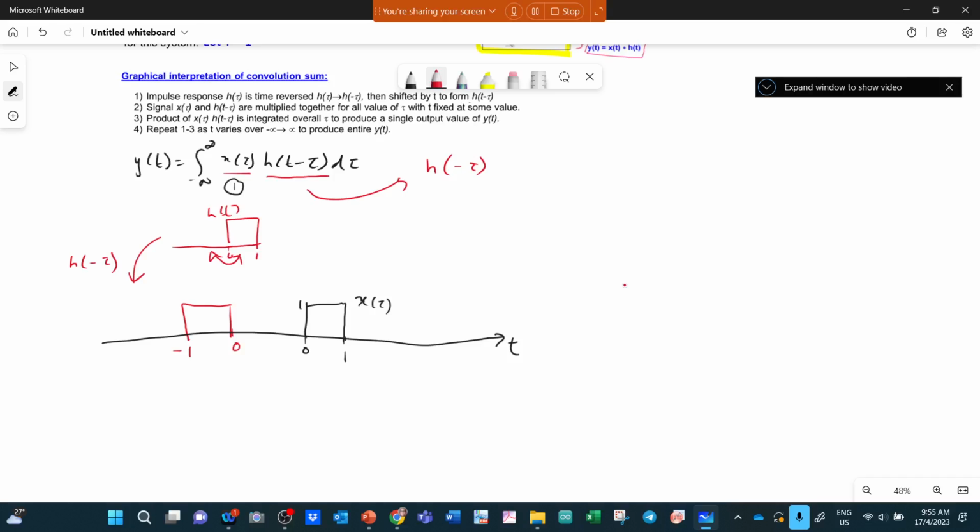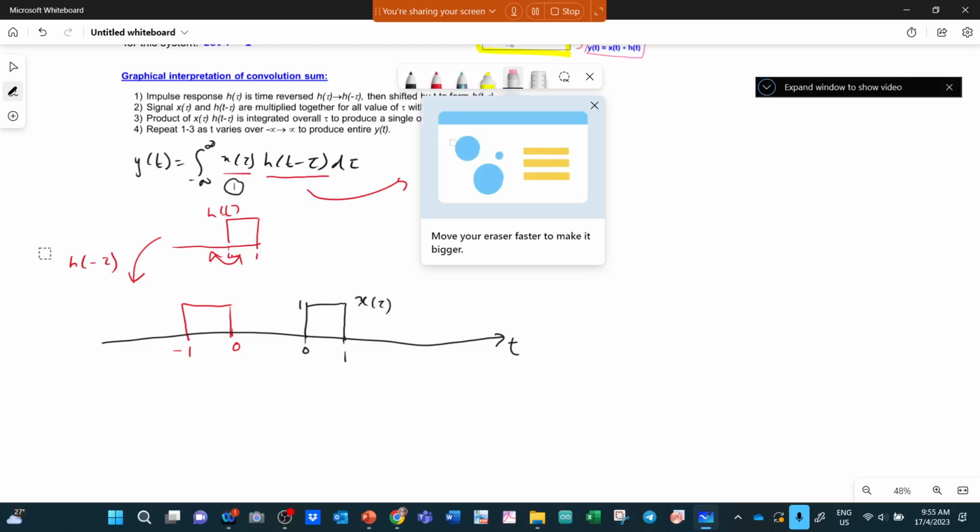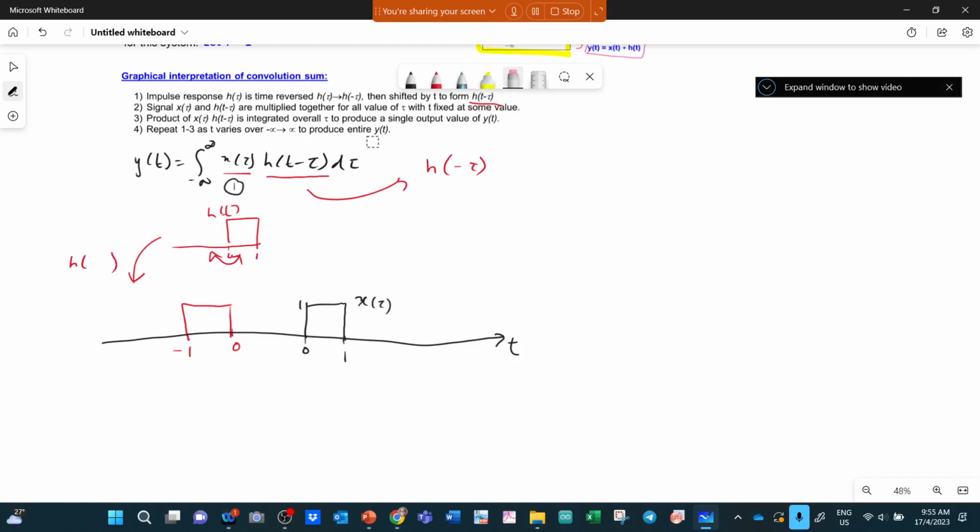So this one becomes h(minus tau), and we are still not finished yet. We want to get it in terms of h(t minus tau). How do you get h(t minus tau)? By adding t in front, that's all. Just add t in front of it, so this becomes t minus 0, t minus 1.